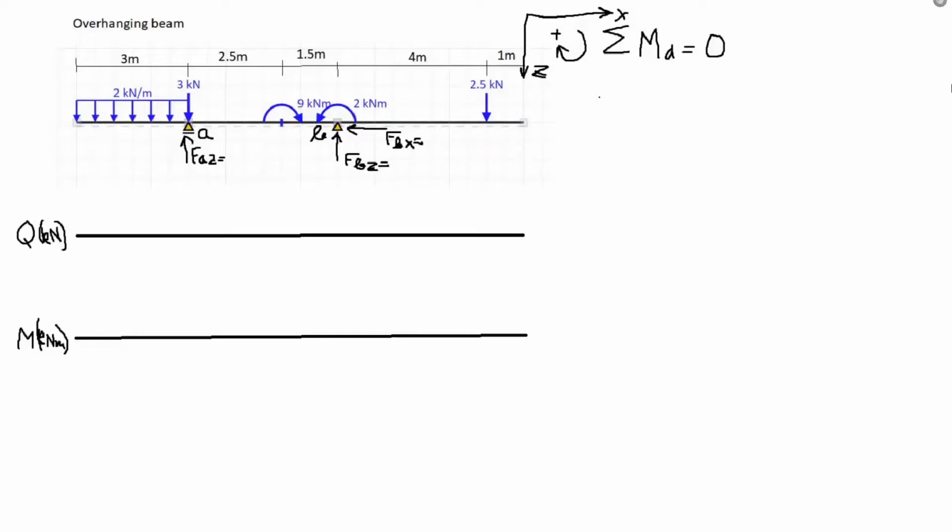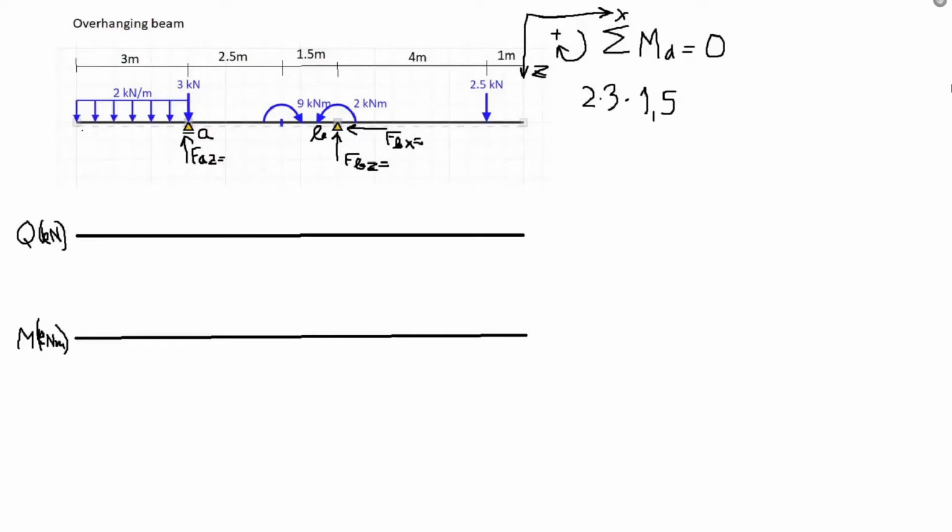Since we have marked positive moments to go clockwise, the distributed load of 2 kilonewtons per meter will give us a negative moment. So it's -2 times the distance of how much we have this distributed force times the moment arm distance.